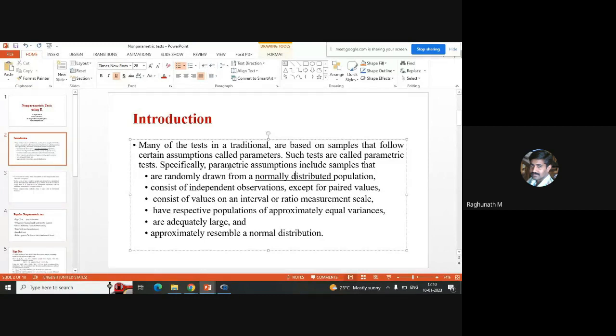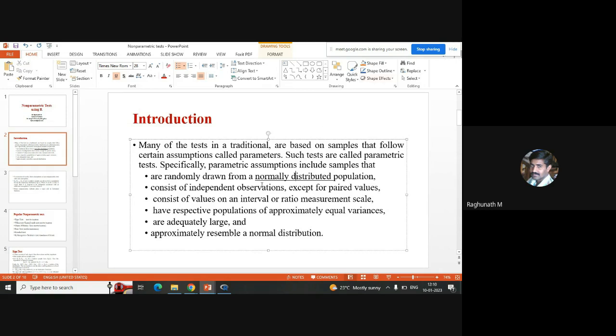So this is the introduction. Many of the traditional tests are based on samples that follow certain assumptions, which we call parameters. Of course, they are randomly drawn from a normally distributed population.